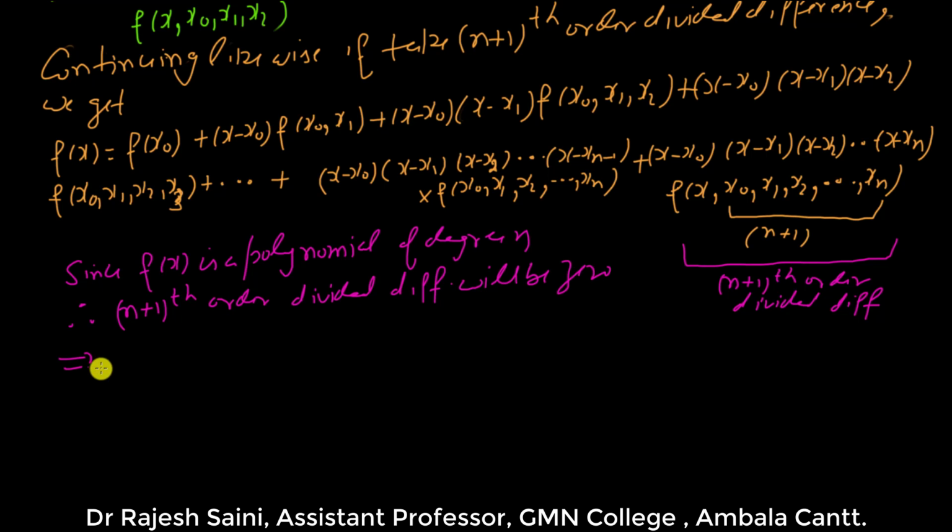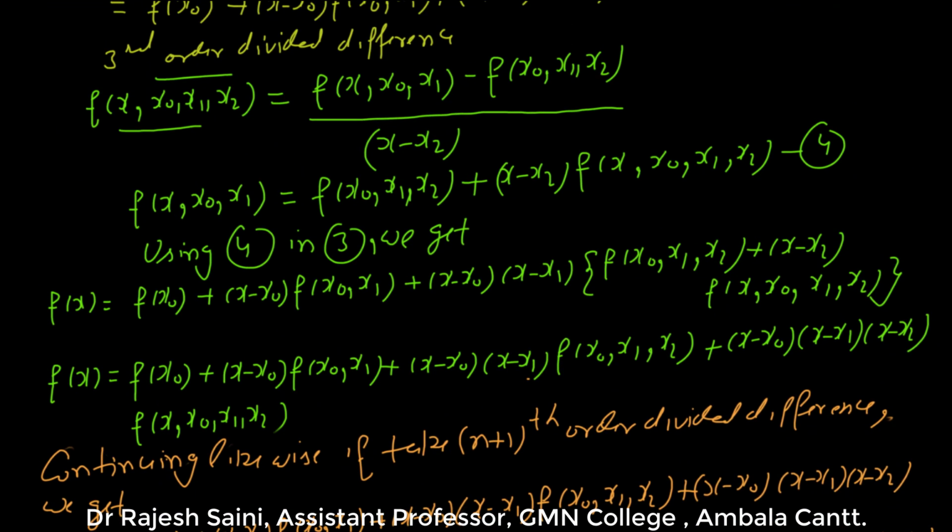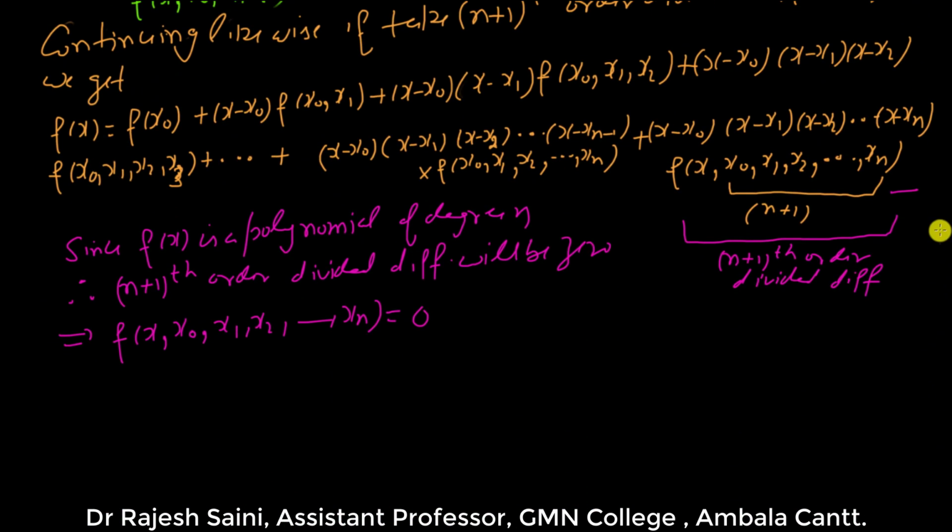This implies that f of x, x0, x1, x2 up to xn will be 0, and you are going to name this equation. And what was the last number? We can see 4 is the last number, so I am going to name this equation as equation number 5.